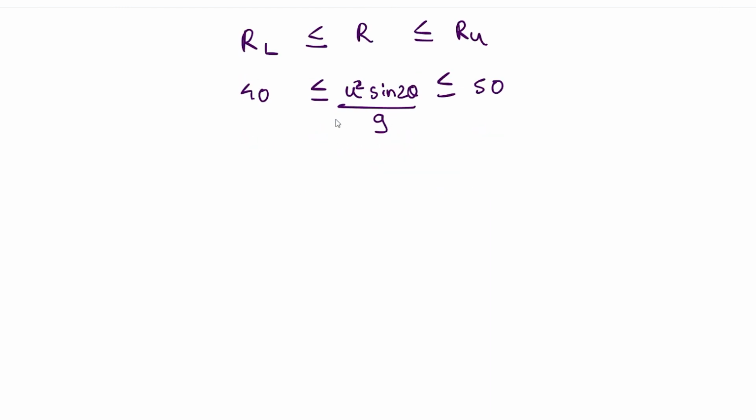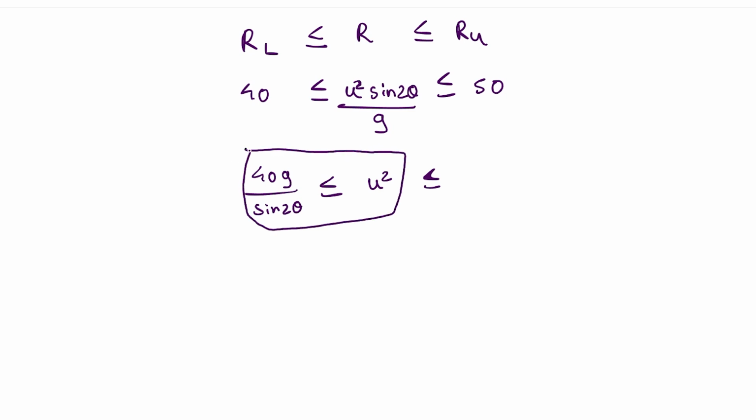What I'll do now is isolate my u term and shift all the terms to either side. If I shift, I get 40 into g divided by sine 2 theta should be less than or equal to u squared. This setup is like we are solving our equation in two halves, one across this section and the second across this section.